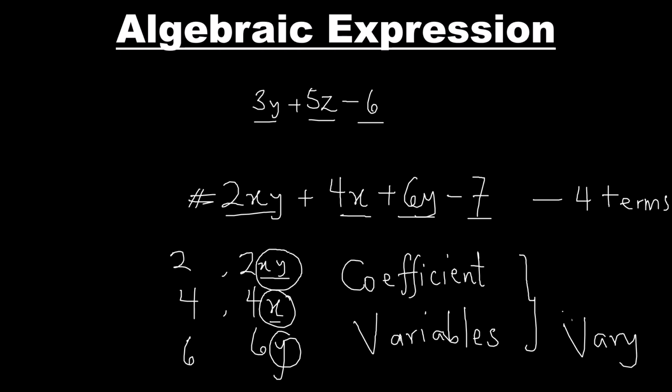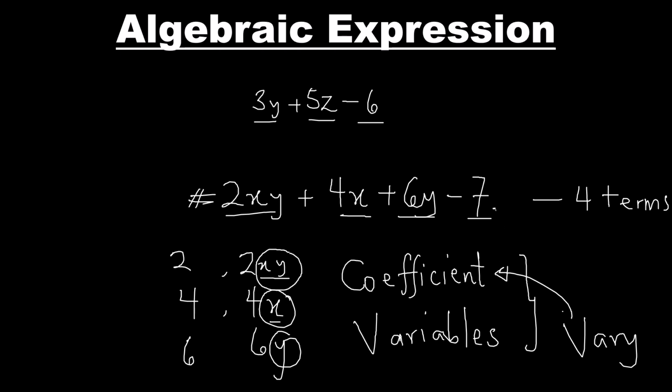They are not constant or fixed. You really do not know them. You don't know what they are. So the variables are the alphabets that are yet to be discovered.